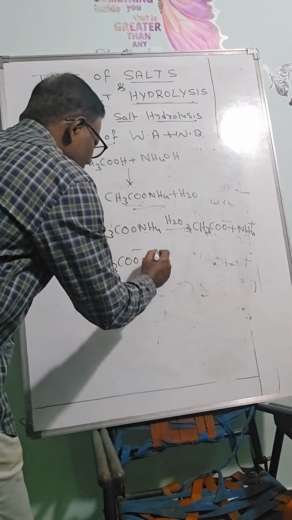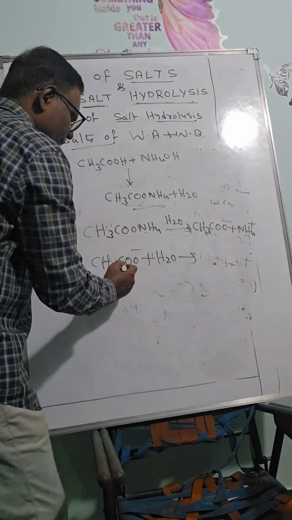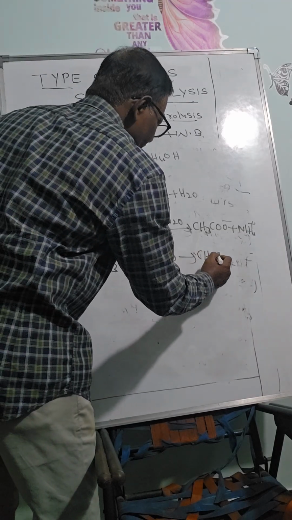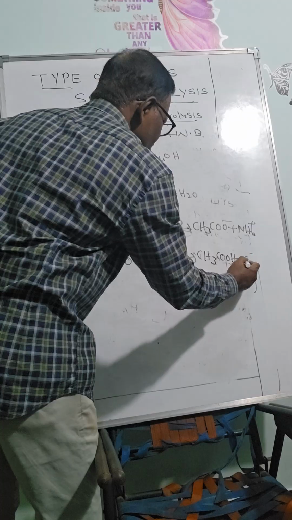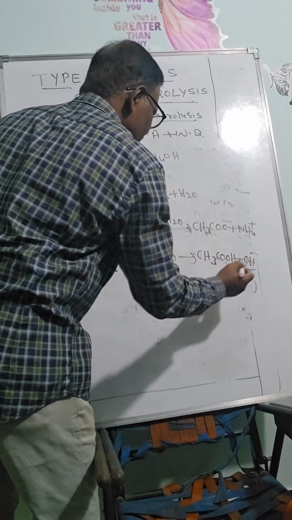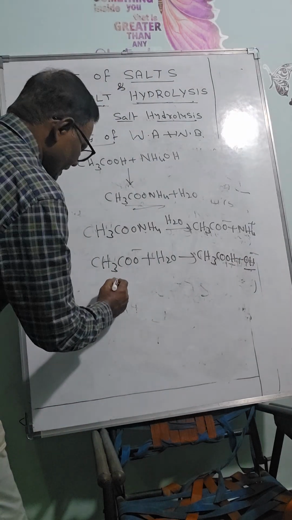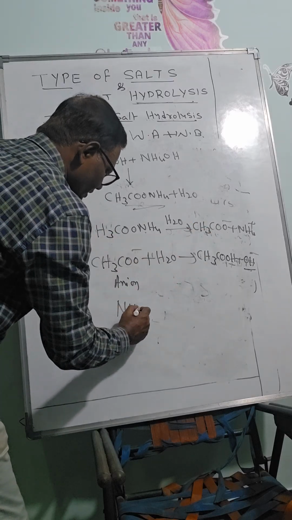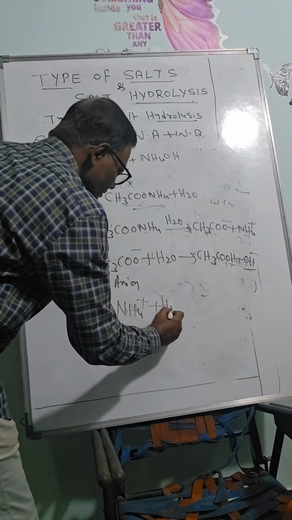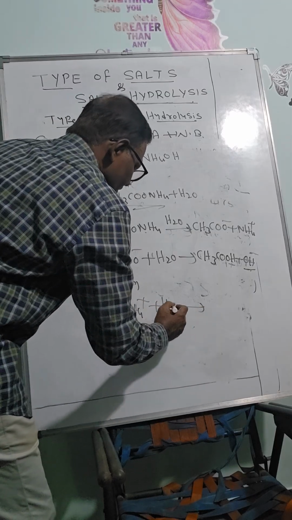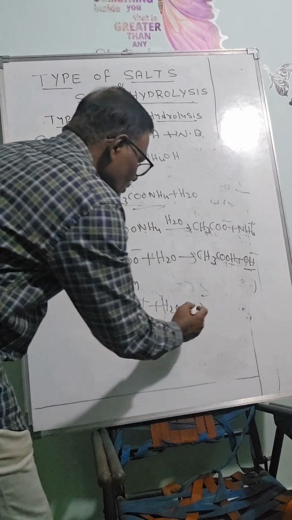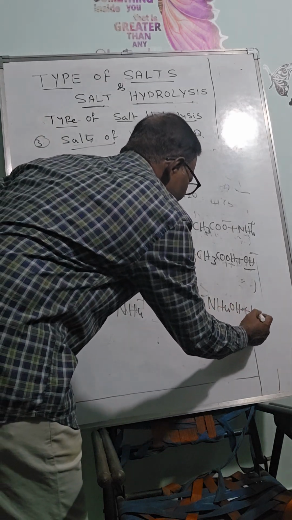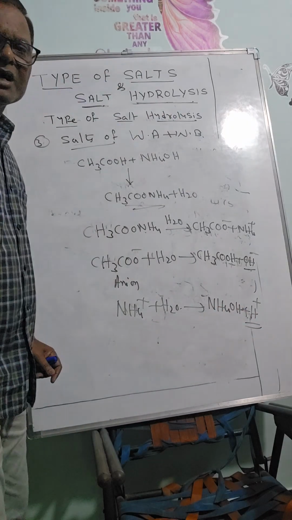CH3COO- reacts with water. The acetate ion combines with H+ to produce CH3COOH and OH- ions. This is the anion. Like the cation, the ammonium ion also undergoes hydrolysis: NH4+ combines with OH- ions to form NH4OH, producing H+ ions.